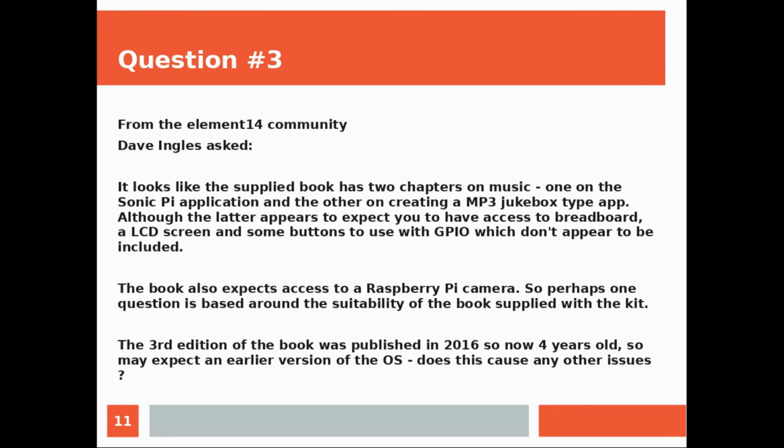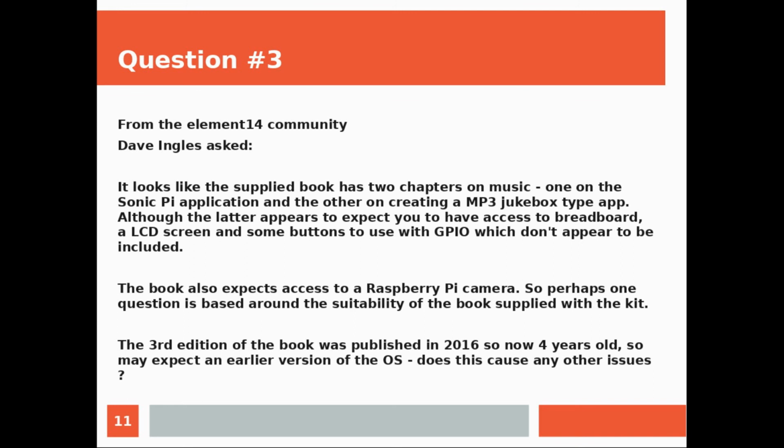Question number 3 from the Element 14 community. Dave Ingalls asked: it looks like the supplied book has 2 chapters on music, one on the Sonic Pi application and the other on creating an MP3 jukebox type app. Although the latter appears to expect you to have access to a breadboard, an LCD screen, and some buttons to use with GPIO, which don't appear to be included.